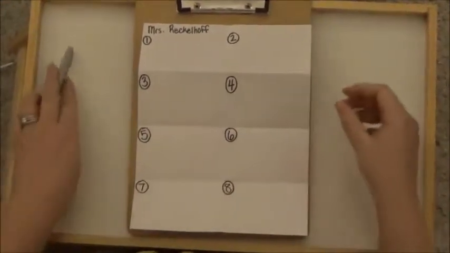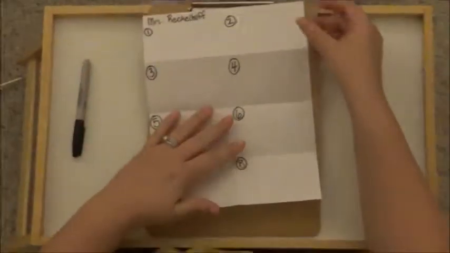I'm going to help you one more time. To make 8 pieces, first you fold it in half, hamburger.